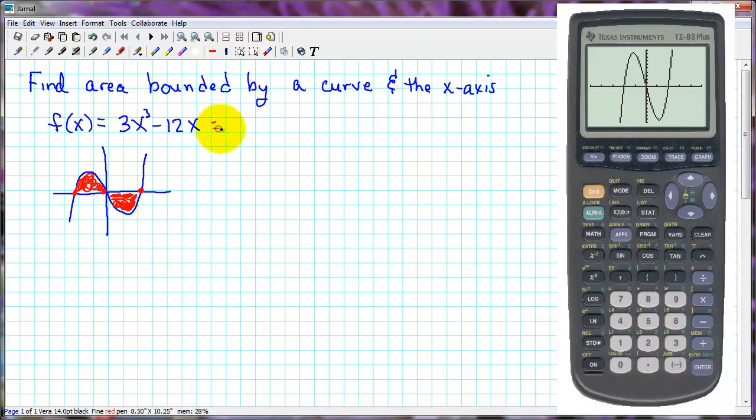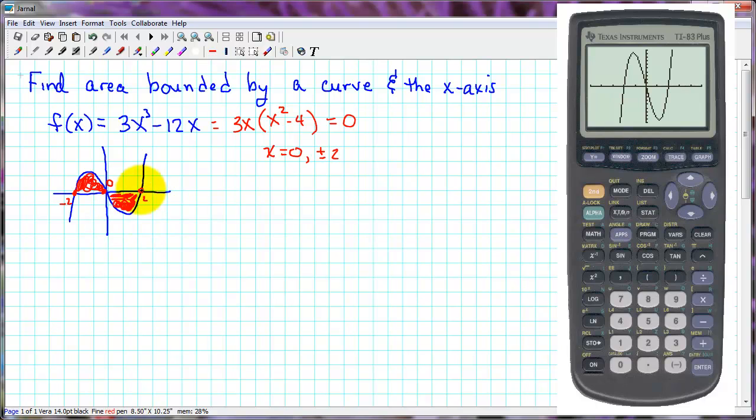If we factored this, we could factor out a 3x and be left with x squared minus 4, giving us zeros of 0 and plus or minus 2. So this is negative 2, this is 0, and this is 2.